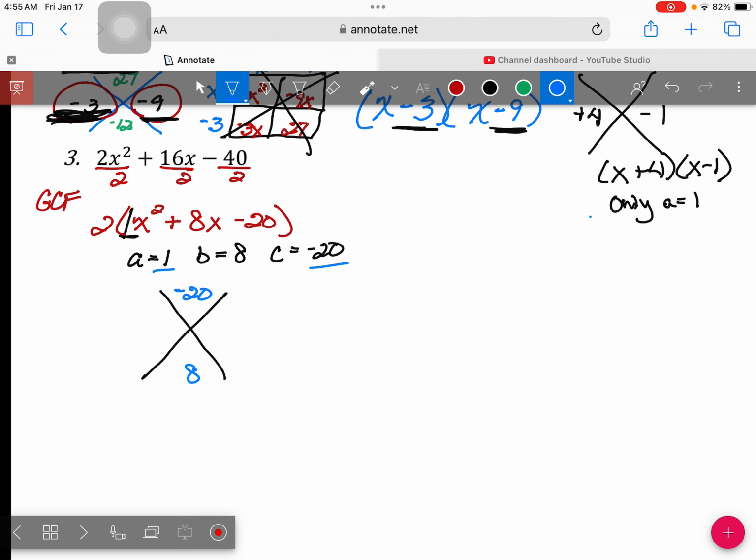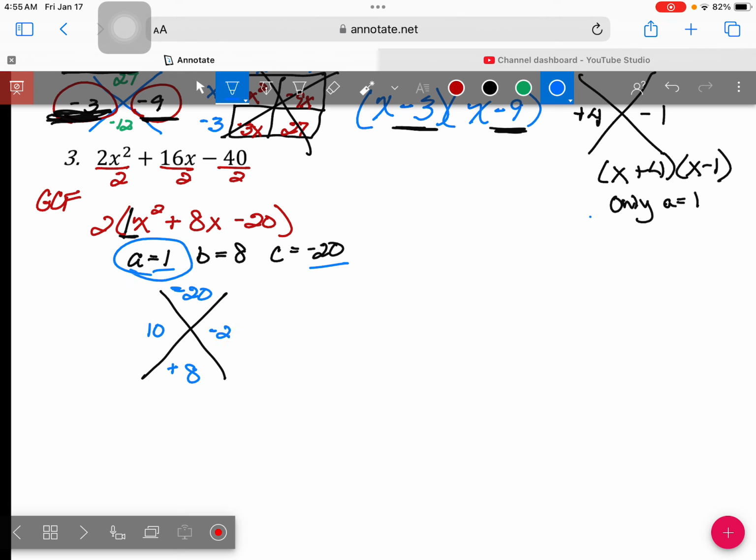And because that's negative, I know that I'm going to have one negative and one positive, and the positive is going to go on the larger number. So I'm thinking 10 and 2, so that's a positive 10 and a negative 2, and that works.